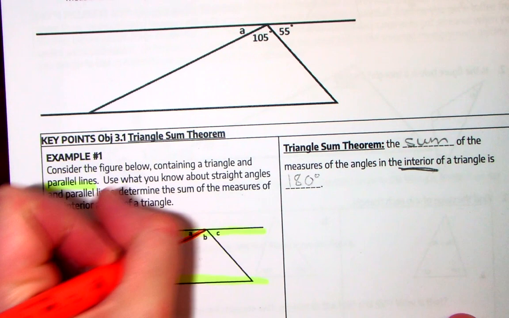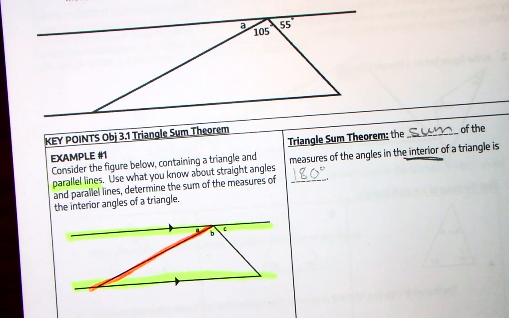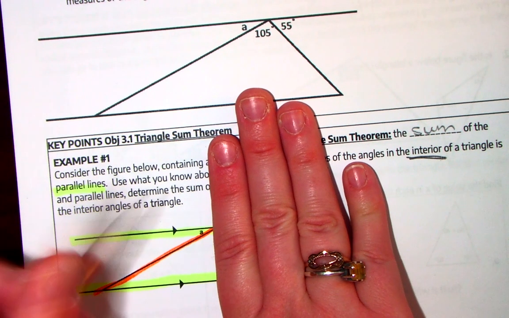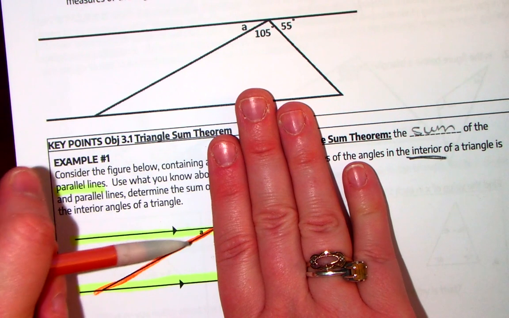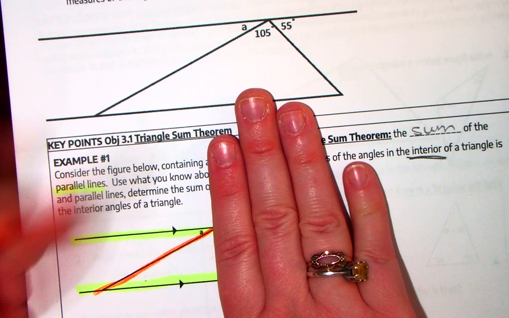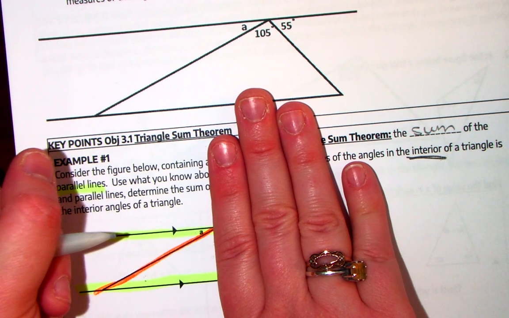Then look, one side acts as a transversal. Let's fill in what we know to be true about transversals that intersect parallel lines. I'm noticing here are alternate interior angles. Alternate interior angles are congruent when a transversal intersects parallel lines.